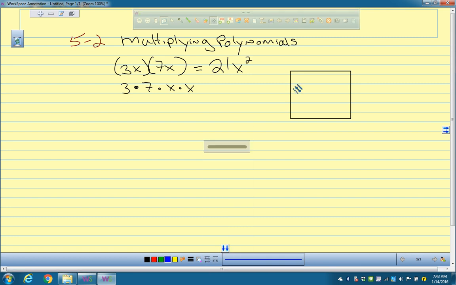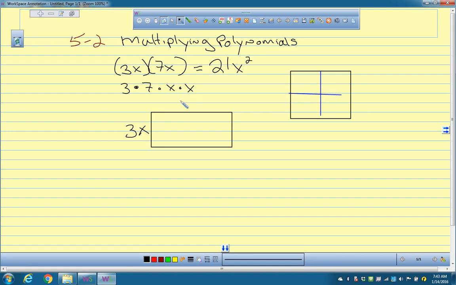So one way is to draw a rectangle and make an area. We don't even need a rectangle. All I need is part of a rectangle. So if I put my 3x here and my 7x here, I multiply those together and I get 21, 3 times 7, and x times x, which is x squared.